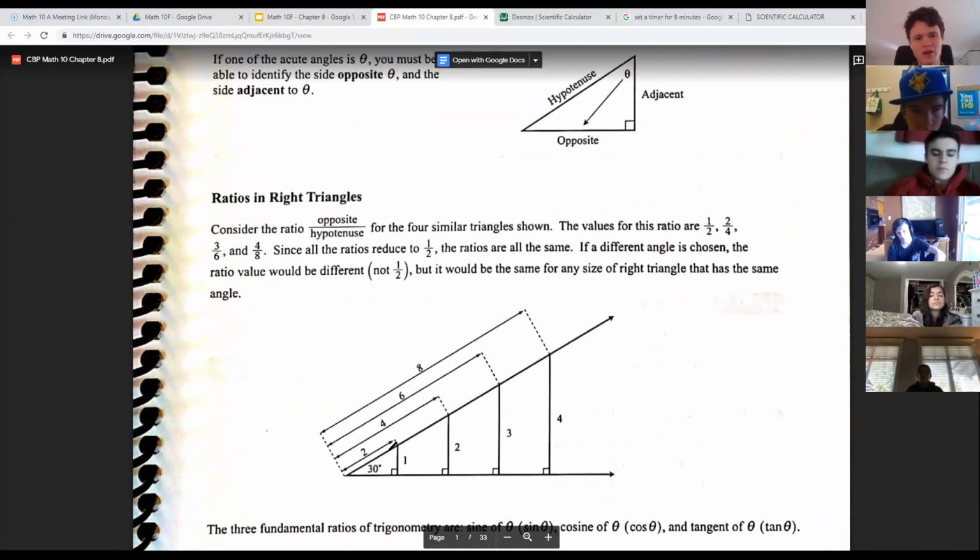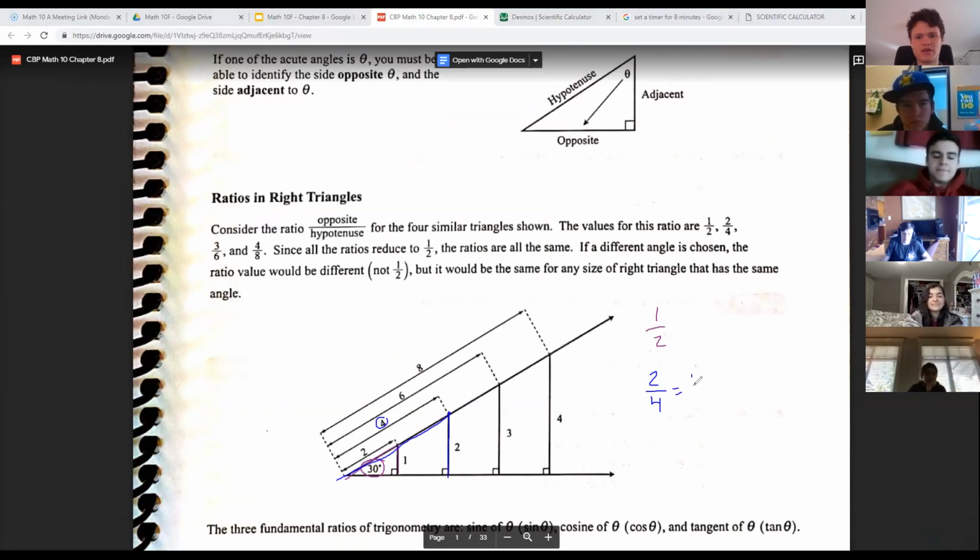If we imagine that we have 1, 2, 3, 4 of these triangles, each one getting bigger and bigger. If we have a 30-degree angle that's common with all of them, the ratios stay the same. So this first one has a ratio of 1 over 2. The second one is 2 over 4.